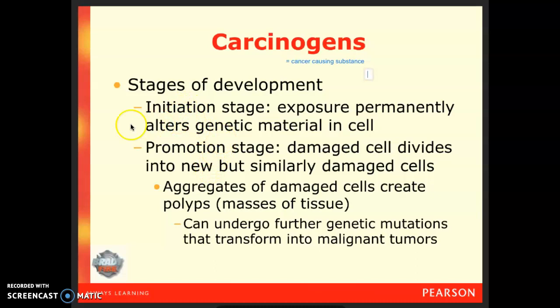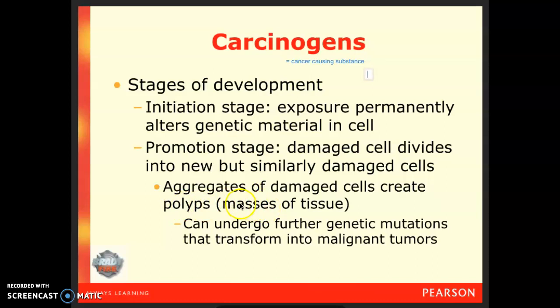The first stage is the initiation stage, where your exposure to the carcinogen alters your genetic material, impacts your cells. And then there's a promotional stage. The promotional stage is when the damaged cell divides into new but also damaged cells as well. Those damaged cells can aggregate and form polyps. Polyps are just masses of tissue.